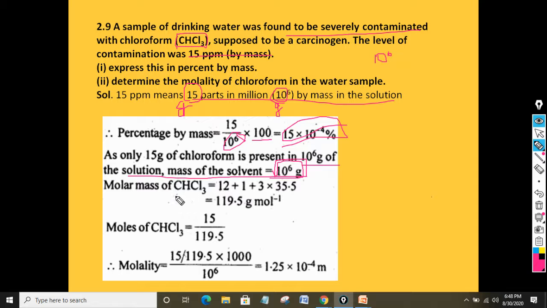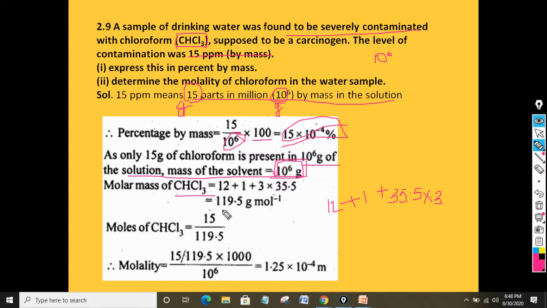Now molar mass of CHCl3: carbon 12 plus hydrogen 1 plus chlorine is 35.5, and we have 3 chlorine.